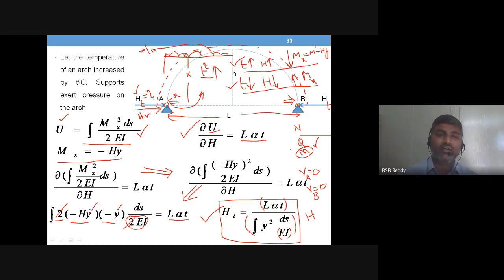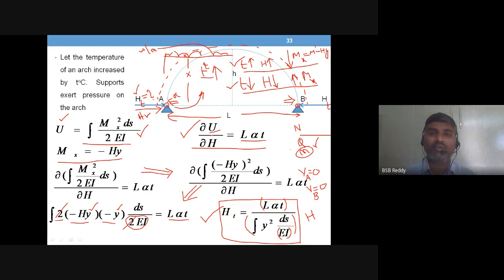Okay, so we have started with Castigliano's theorem, where dou U by dou F is equal to delta. That is our basic principle of Castigliano. If you differentiate partially the strain energy in any member with respect to force, that will give you the change in dimension in the same direction as the force.